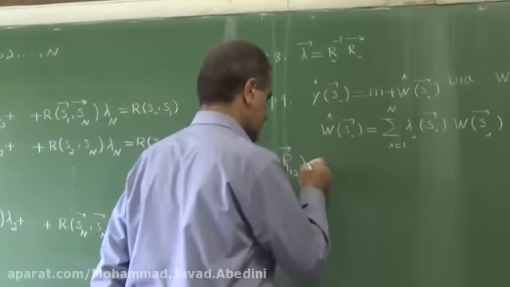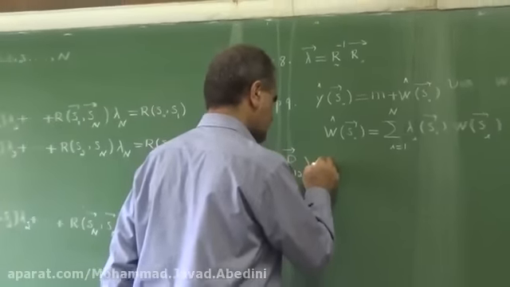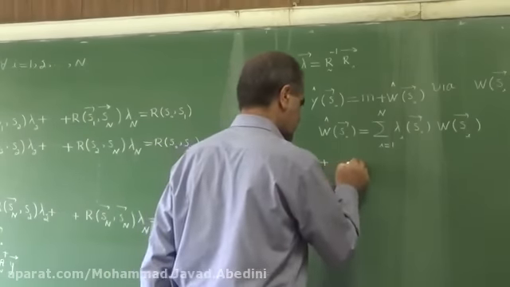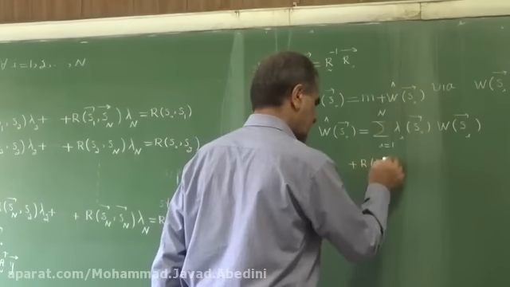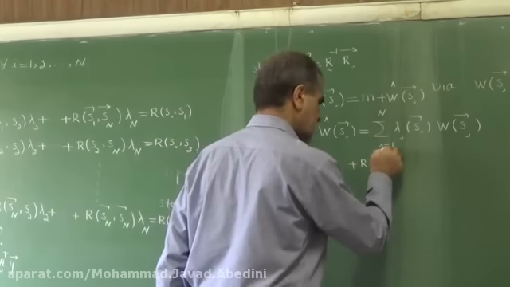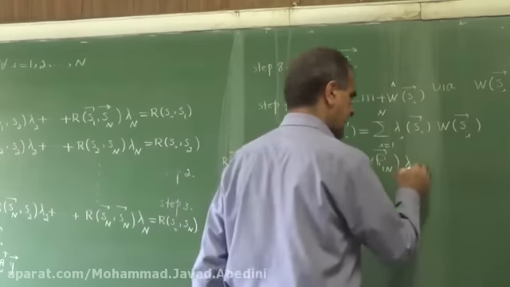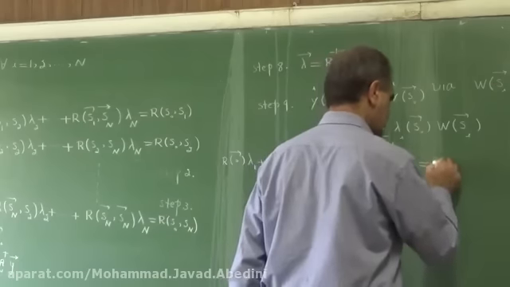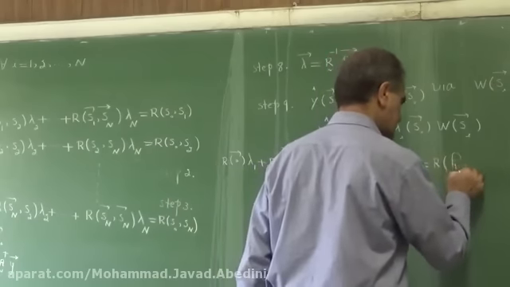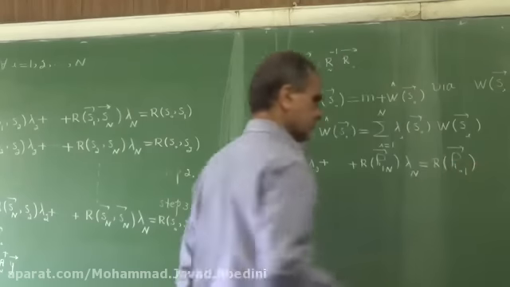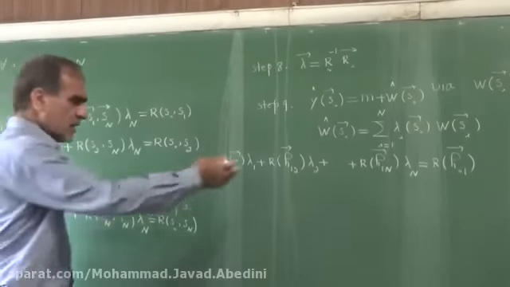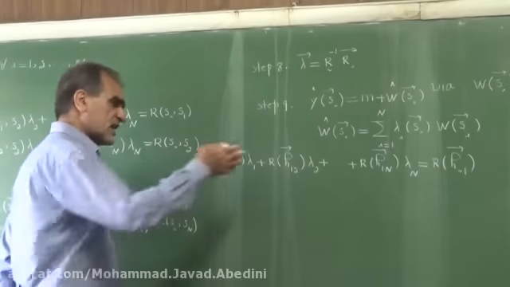This is separation distance, separation vector, times what? Lambda 2, plus R sub H1n times lambda n. And then on the other side, here you have to write R of H01. That is how to cast your Kriging system in terms of separation vector. You can write down the remaining equations just like what you have here.